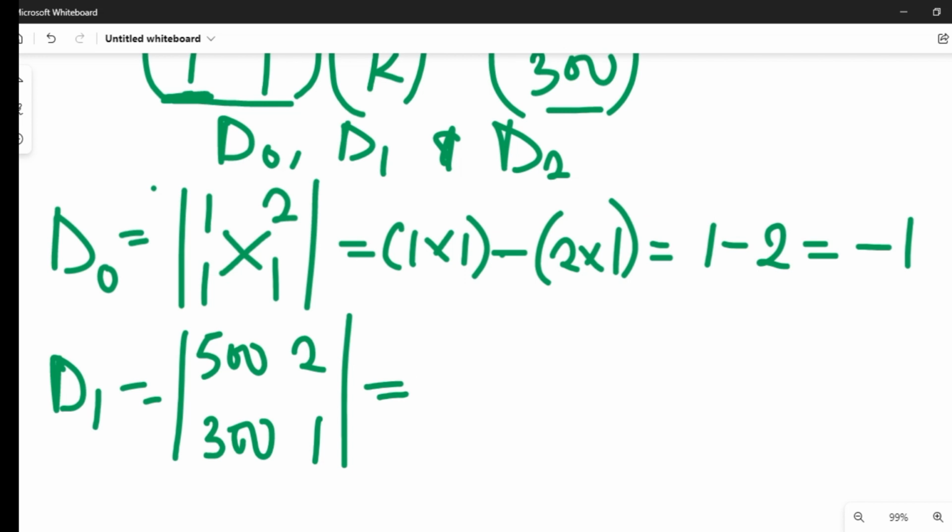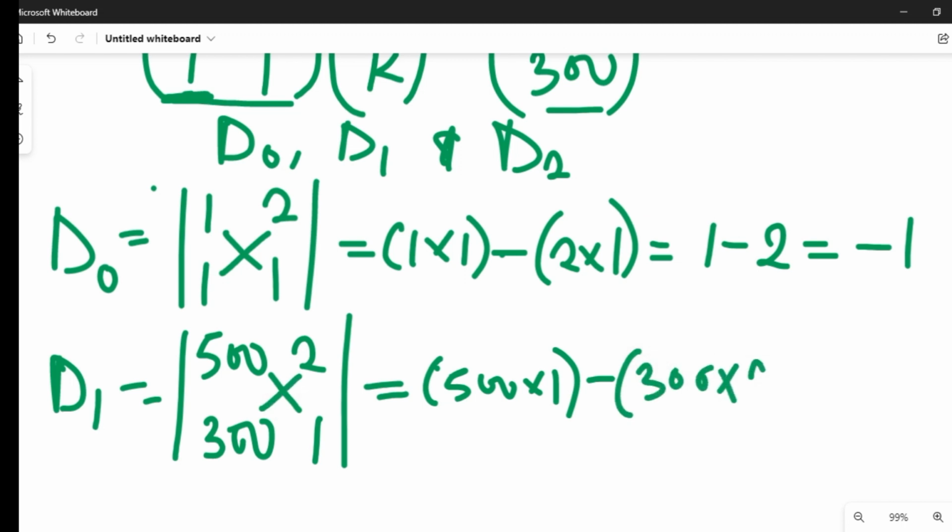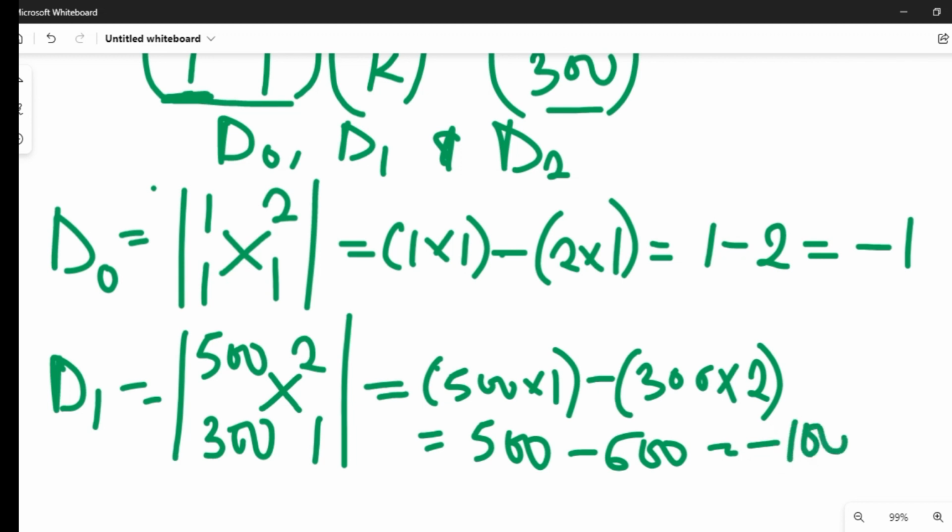So we're going to find the determinant of this. 500 times 1, minus 300 times 2. And this will give us 500 minus 300 times 2, which is 600, and this will be equal to minus 100.